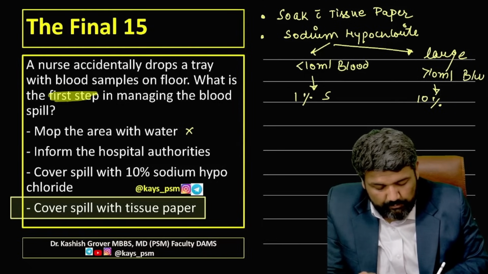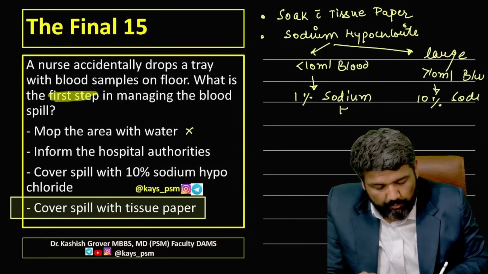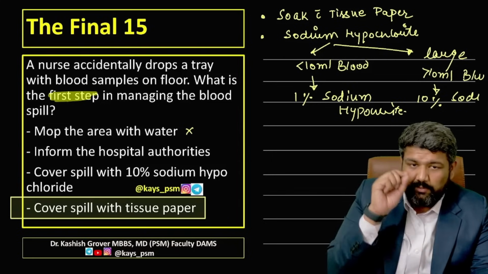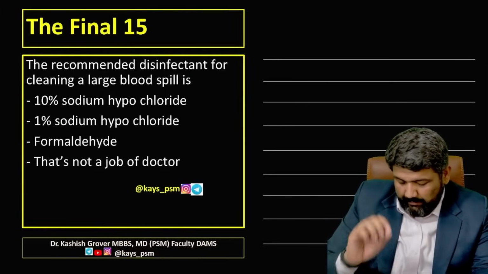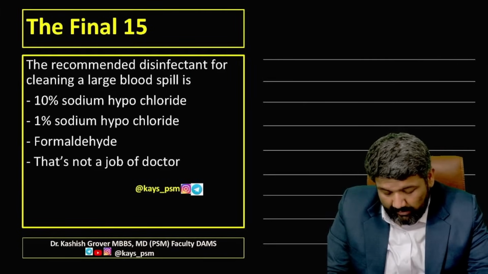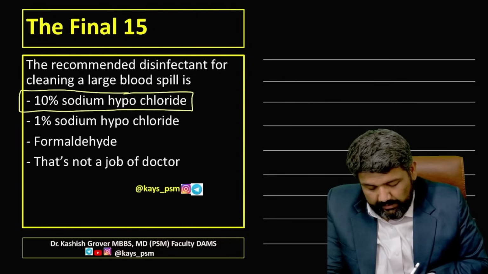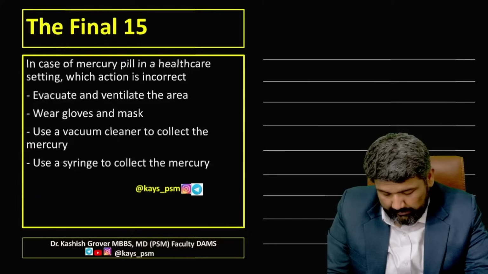Here 1% sodium hypochlorite. Here 10% sodium hypochlorite. Right? So this is the correct answer. Always soak the extra blood. The recommended disinfectant for cleaning a large blood spill is 10% sodium hypochlorite.